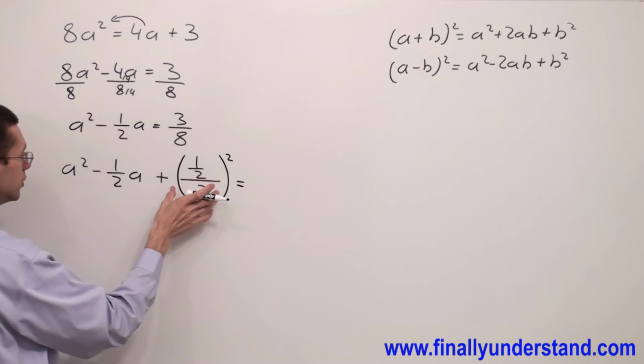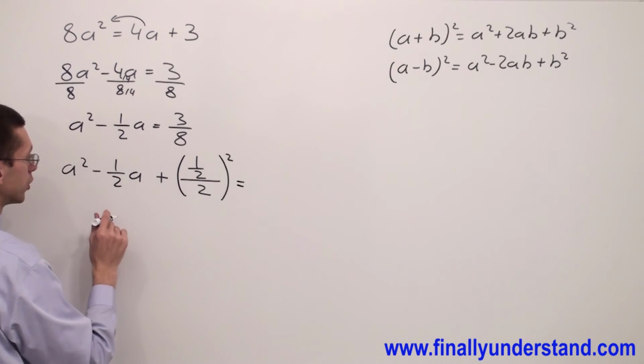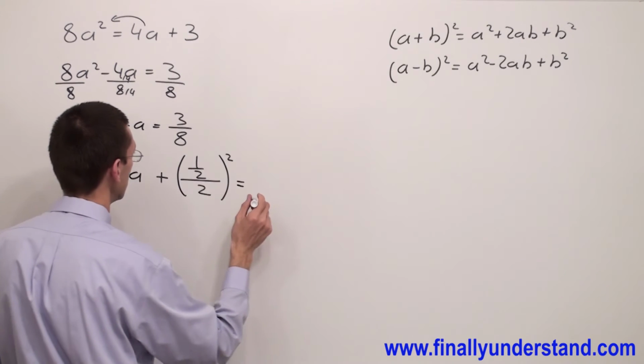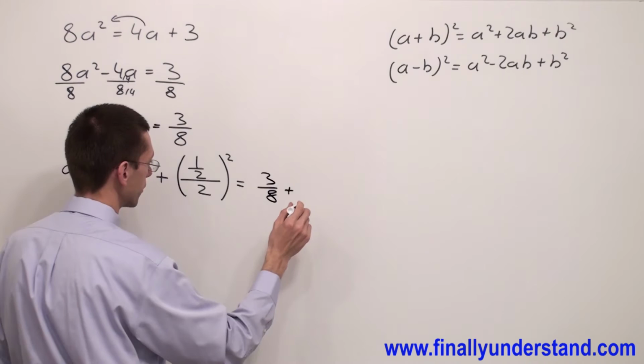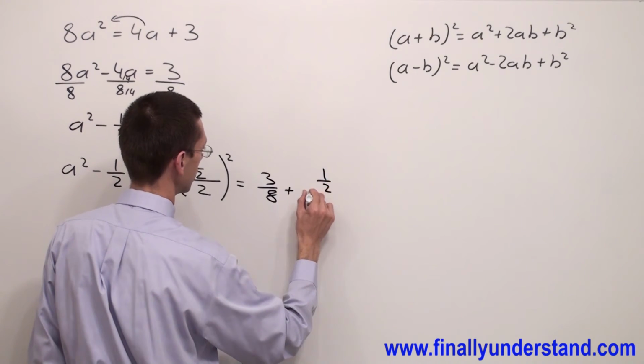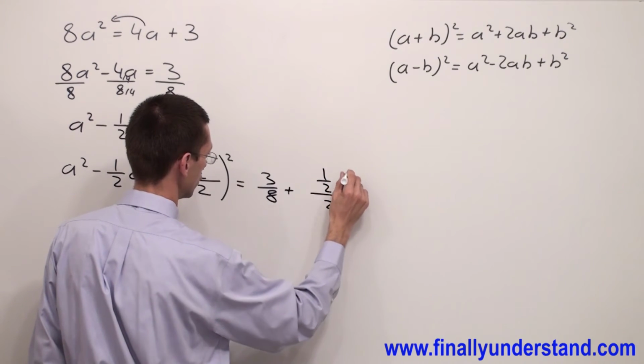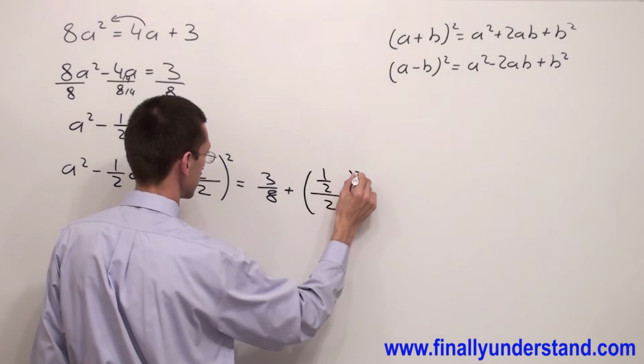Whatever you add to the left side of your equation, you have to also add to the right side. So I have 3 over 8 plus 1/2 over 2 to the second power.